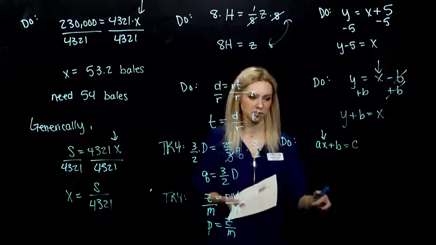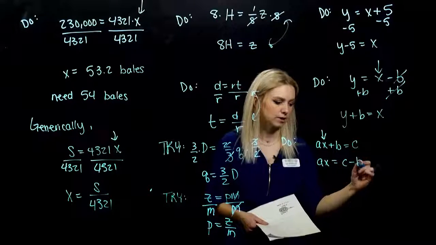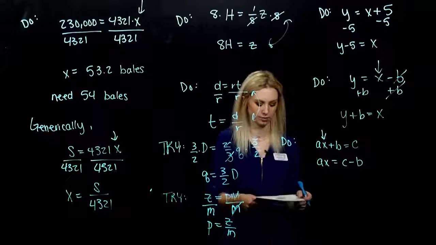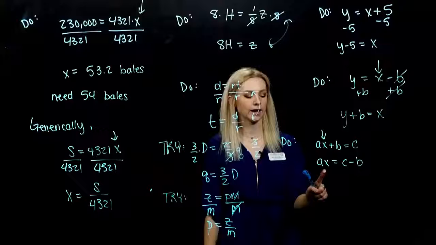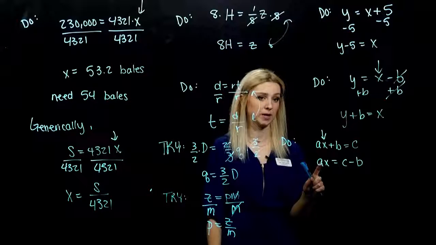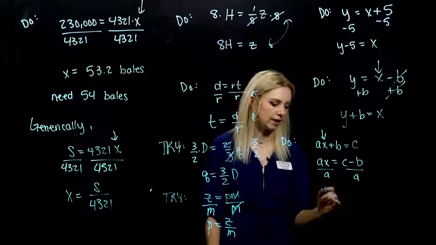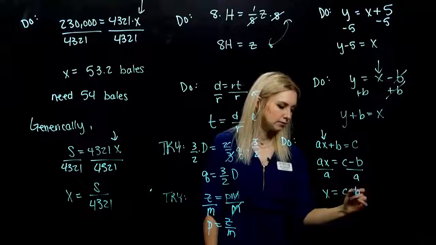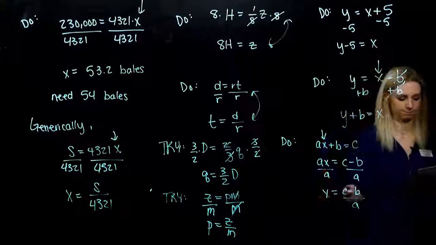So b has to move first. It's positive on this side, so I need to subtract it to move it over to the other. Now that that's happened, we have that x term on its own. Right now it's being multiplied by a, so we need to divide both sides by a to get x alone. And in that case, x is isolated.